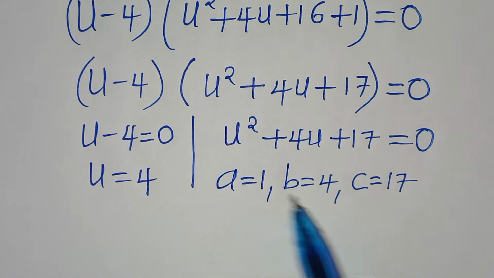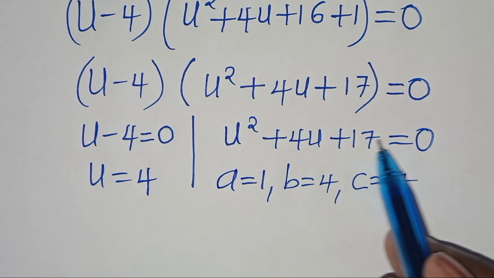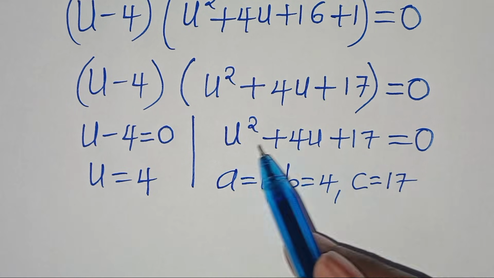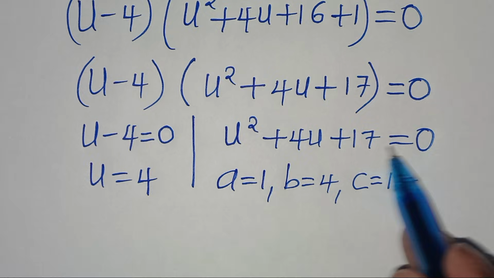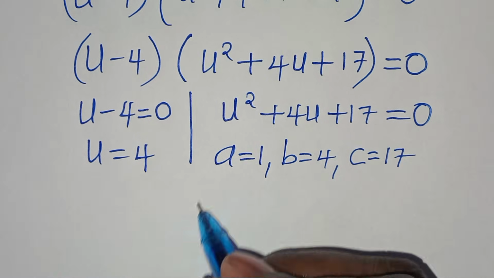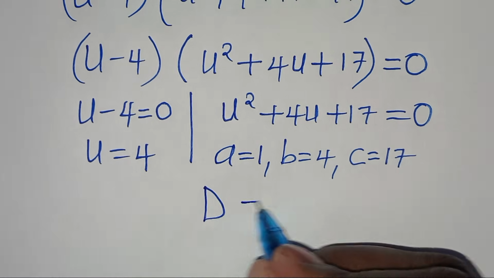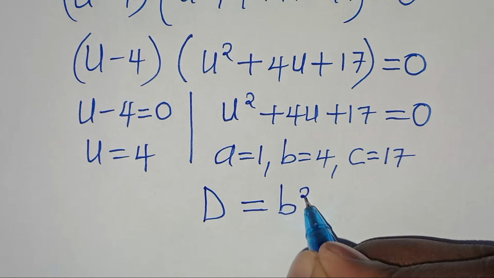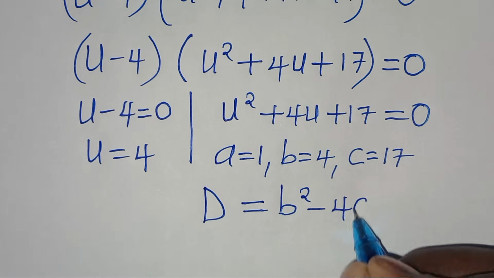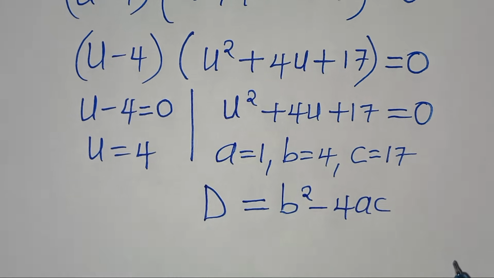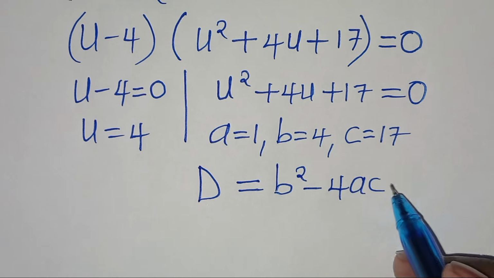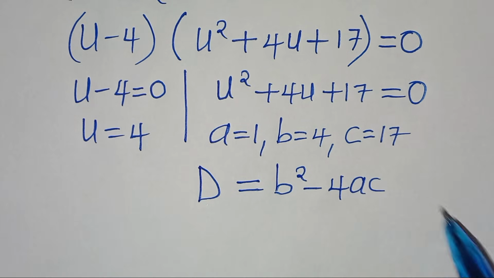Now, the next step is to assess the nature of the root of this quadratic equation. To assess the nature of the root of this quadratic equation, let's determine the discriminant value, which is b squared minus 4ac. Now, we want to check if this is greater than 0 or less than 0.